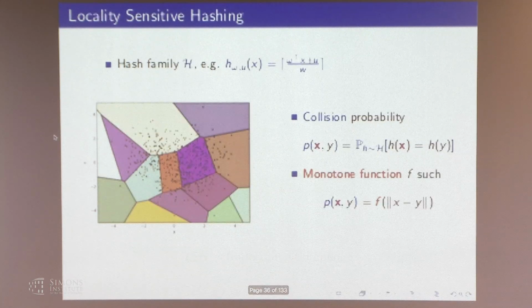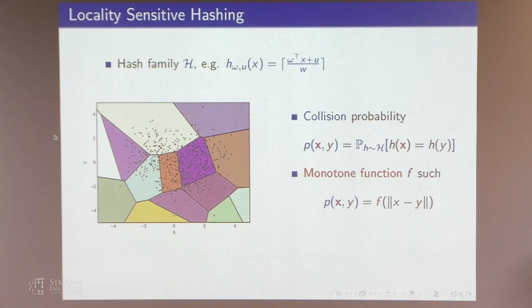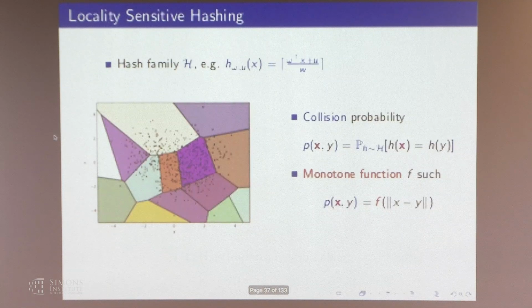Typically this collision probability of x and y is going to be some function of the distance between x and y. You expect that points that are nearby are more likely to collide, land in the same hash bucket, than points that are further away. You can actually characterize this for a particular family of hash functions. There's a function that tells you exactly how the collision probability behaves as a function of the distance.